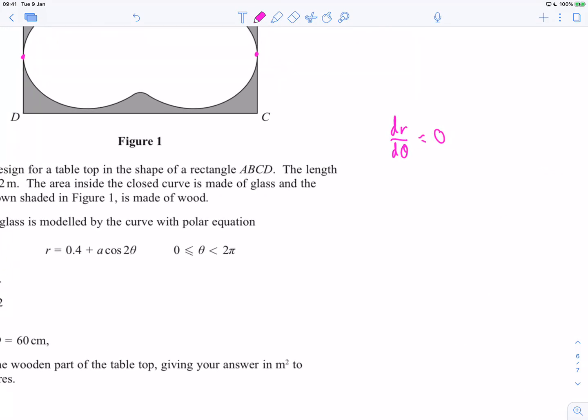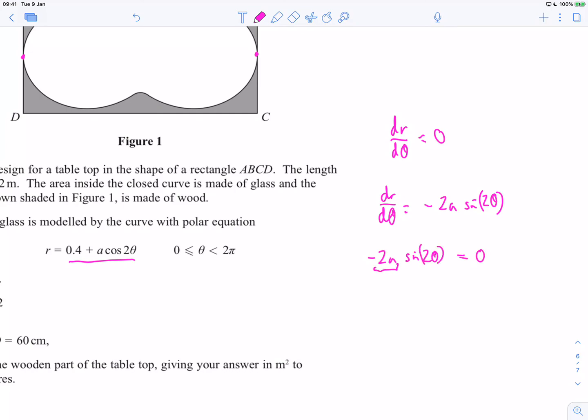So differentiating r with respect to theta, 0.4 disappears, so dr by d theta, that's going to be a 0 to begin with. Then a cosine 2 theta. Well, cosine differentiates to a minus sine, so this will actually become minus 2a sine of 2 theta.